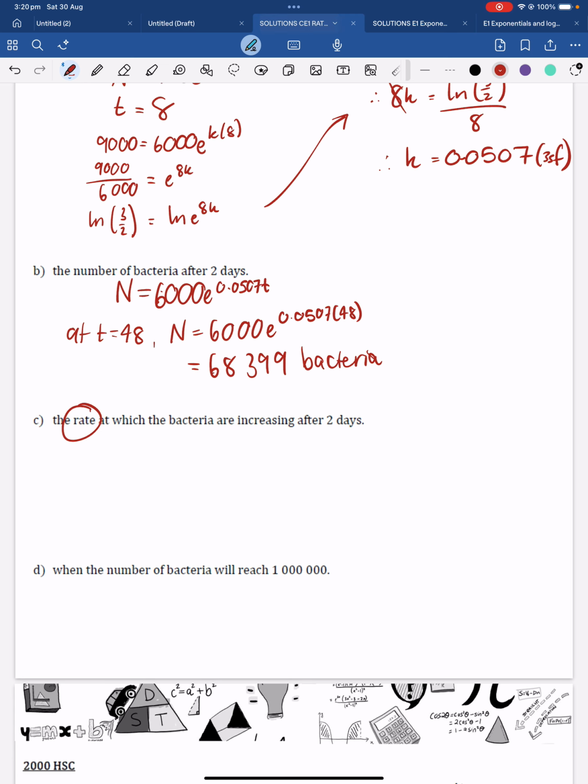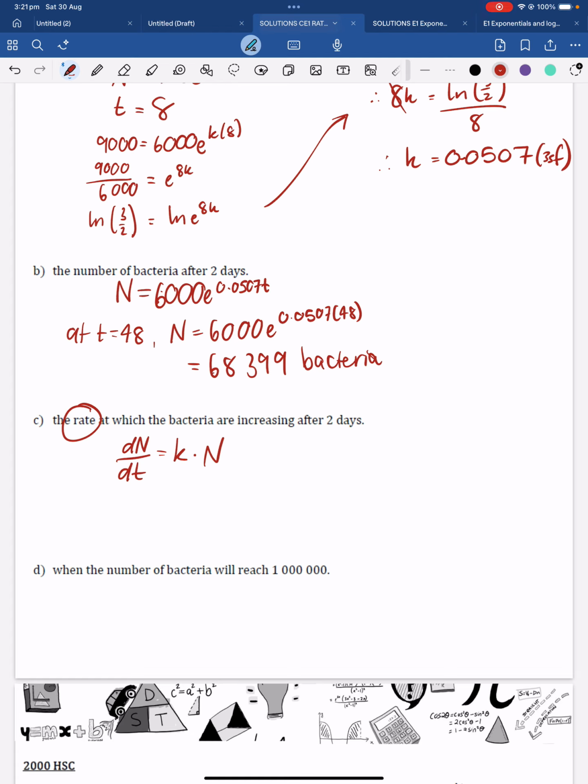The rate at which the bacteria are increasing after 2 days. Keyword there, rate. So what do we need to do? The derivative. Now we do know that we proved that the derivative, dN/dt, is k times N. We did prove that above. Otherwise, you can just differentiate the equation and go from there, but this is a bit quicker.